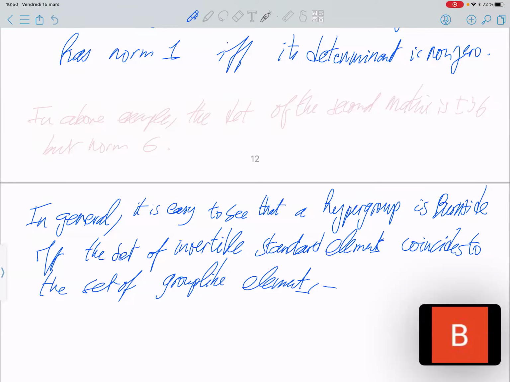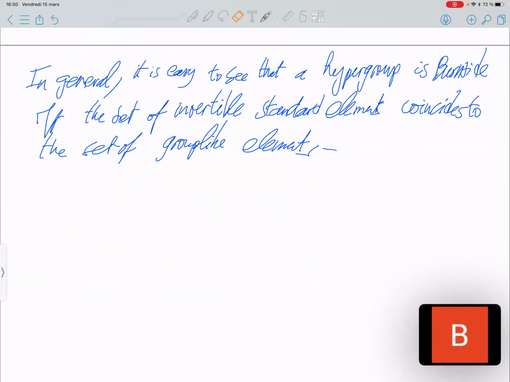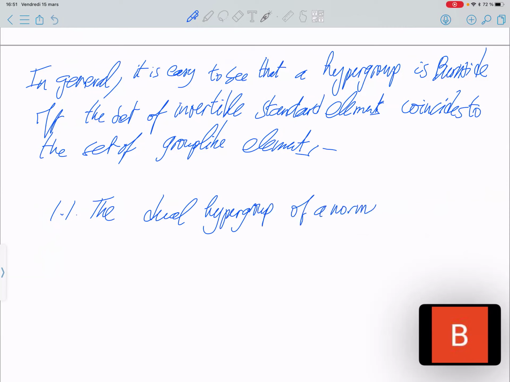Okay. Now, for the last 5 minutes, what should I do? So we will start. This was the introduction of the introduction, and now there is a new subsection in this introduction about the dual hypergroup of a normalized hypergroup.